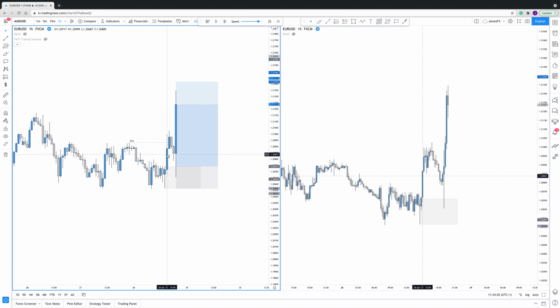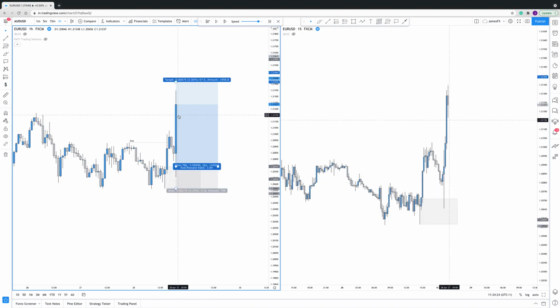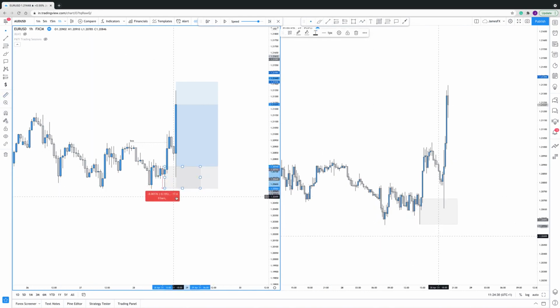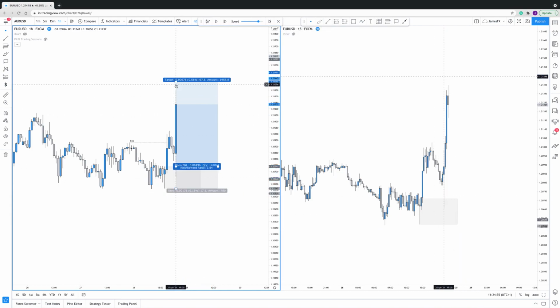So you can see we broke and we pulled back, we tapped in, and then we continued to the upside. Now, if we measure from the high and the low, we're looking at 17.6 pips. We tapped in, we got triggered into the trade, and we're running around 2.8%.